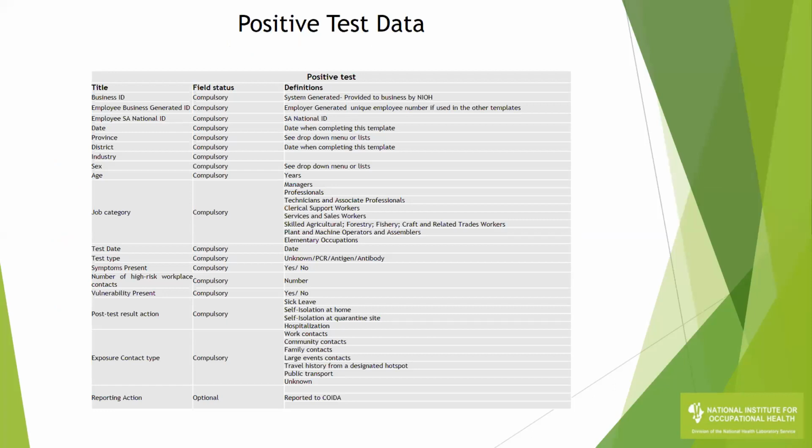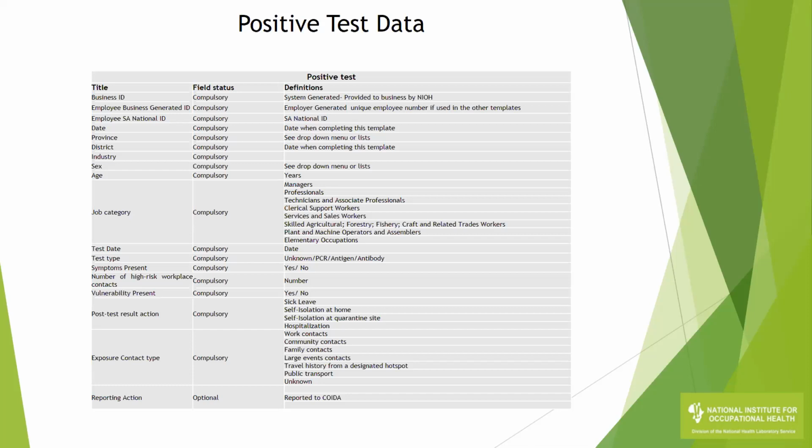So if you look at our templates, the first section is almost the same. The type of information that we collect is almost the same. You see also in this one, we still collect the business ID, employer, which is generated. We also collect payroll numbers if there is.